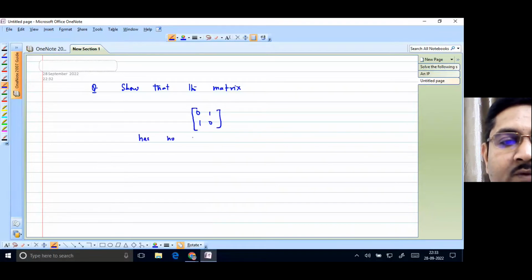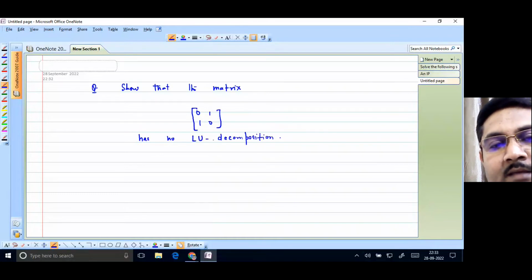This is an important question at this end, and you can see here pivot elements are 0. This is the reason behind that. Pivot elements are 0 means the matrix will not have LU decomposition.